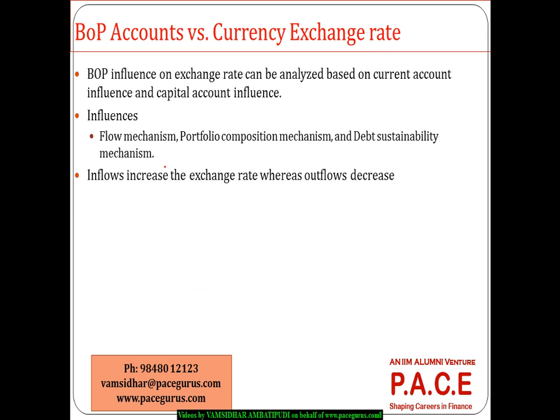Then looking at the balance of payments accounts versus the currency exchange rate, looking at the various elements of the current account and the capital account, we can talk of the balance of payments. As we know, the balance of payments typically includes the current account, the capital account, and the financial account.